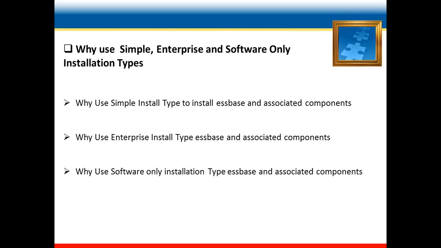And second, why use enterprise install type for Essbase and associate components. It separates the applications and their administration. Enterprise install type creates and configures the single WebLogic server domain that contains the cluster with two WebLogic servers, and it contains the administration server and managed server.